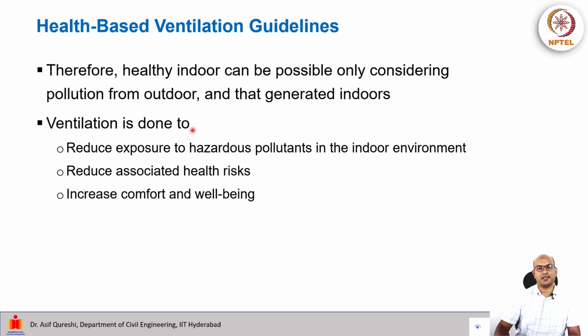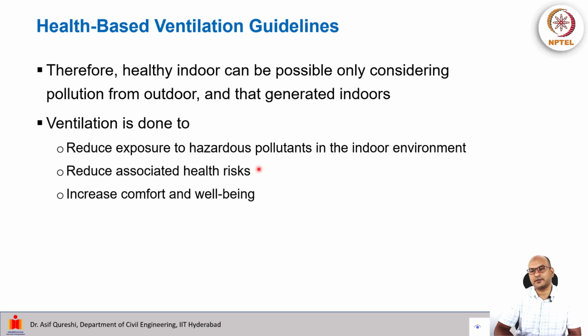So now the use of ventilation becomes multi-pronged. Reduce exposure to hazardous pollutants in the indoor environment. Somehow we have to devise our ventilation scheme so that it can in the end reduce the pollution exposure indoors. Therefore, it can reduce the associated health risk.